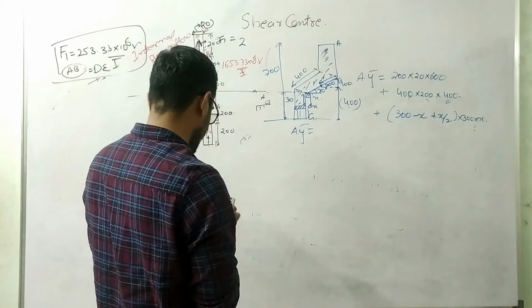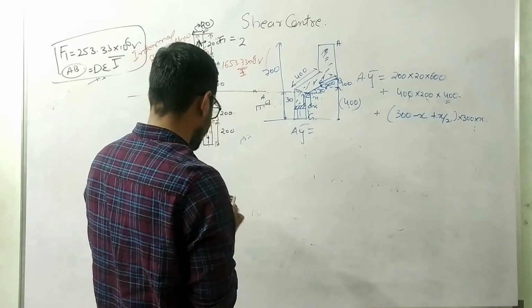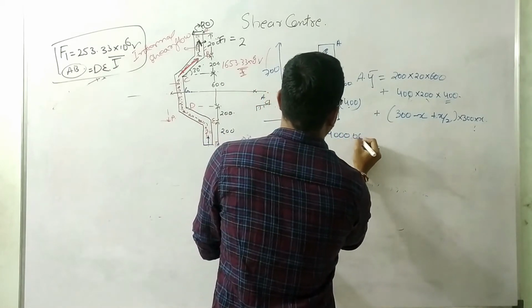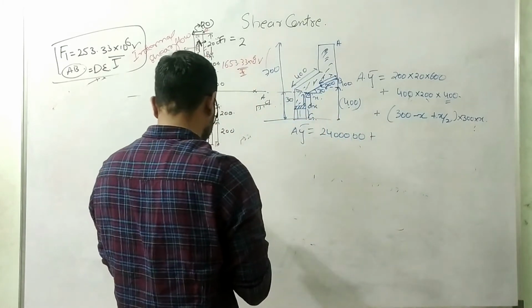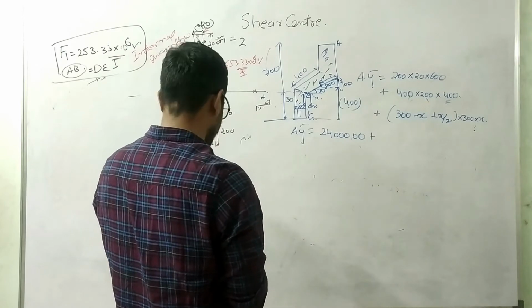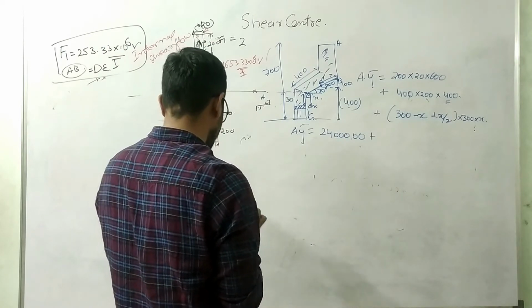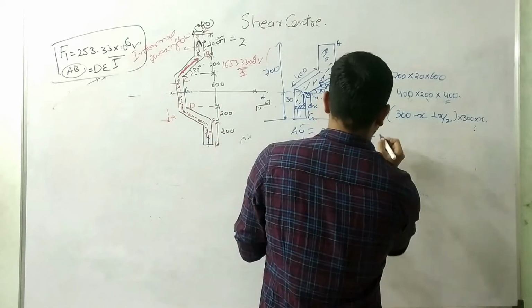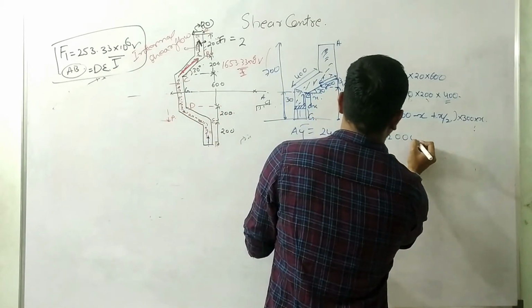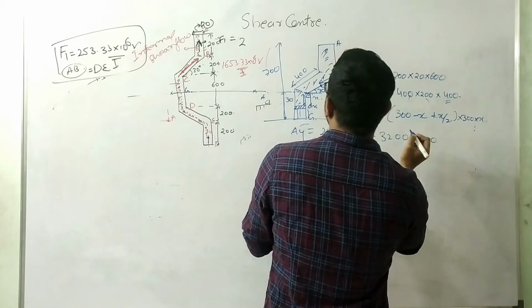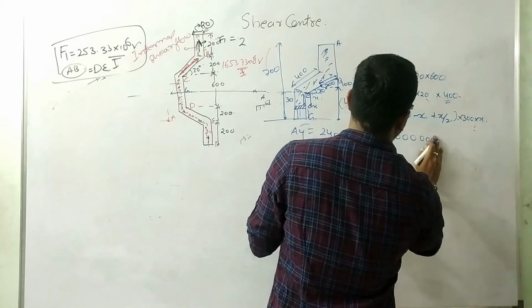200 into 20 into 600, plus 400 into 20 actually.